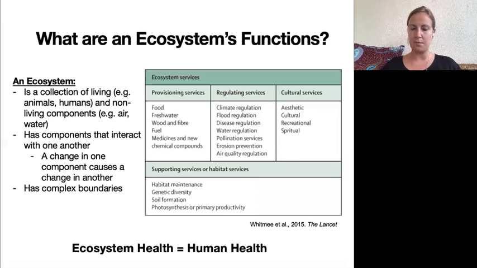Lastly, there are also supporting services or habitat services, and we've talked about some of these in the introduction to One Health, such as biodiversity or genetic diversity, maintenance of habitats, but also soil, which is really important in our ecosystems, and photosynthesis. So you can see from this slide that the functions that ecosystems provide are essential to attaining and maintaining good human health.